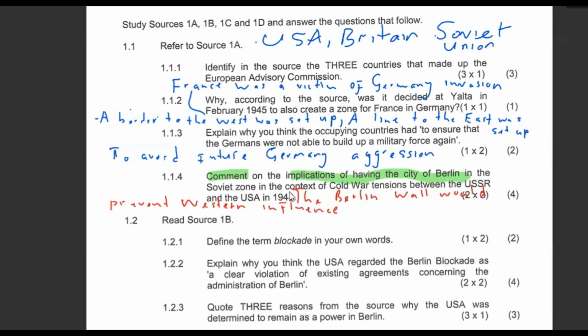It would prevent Western influence in Berlin, or you can say in Germany.